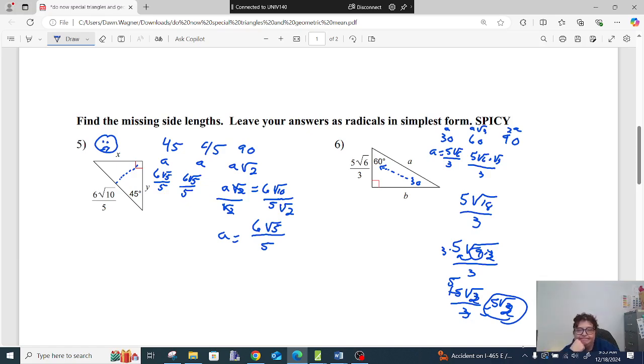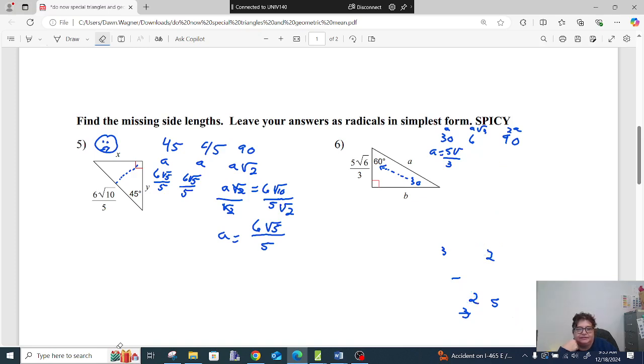You multiplied. Five, A is 5 square root 6 over 3. Across from the 60, you would have to multiply this by square root 3. Okay, let me redo this. I'll write it bigger. Okay, so across from the 60 is a square root 3.